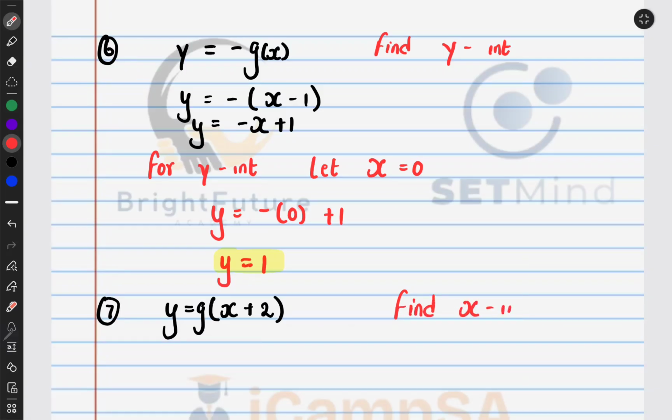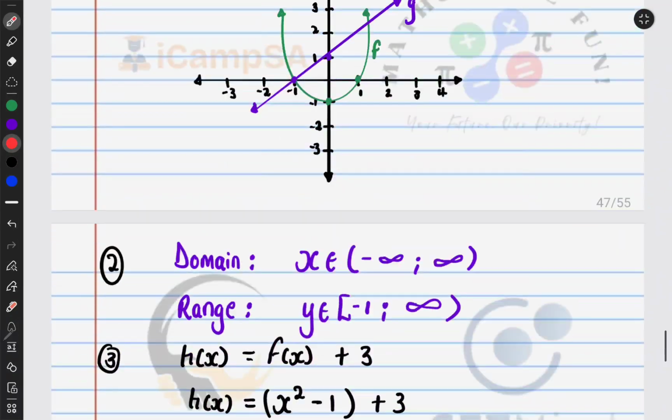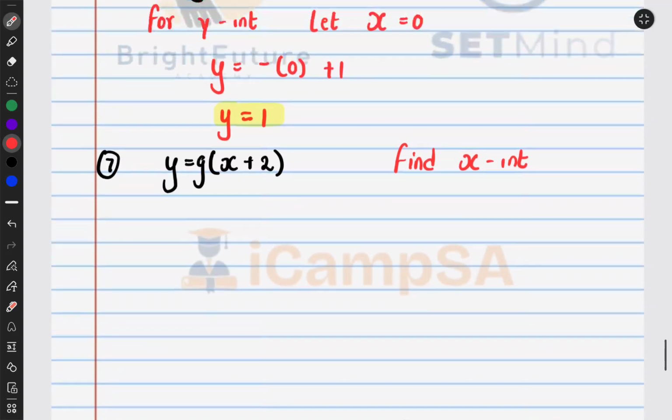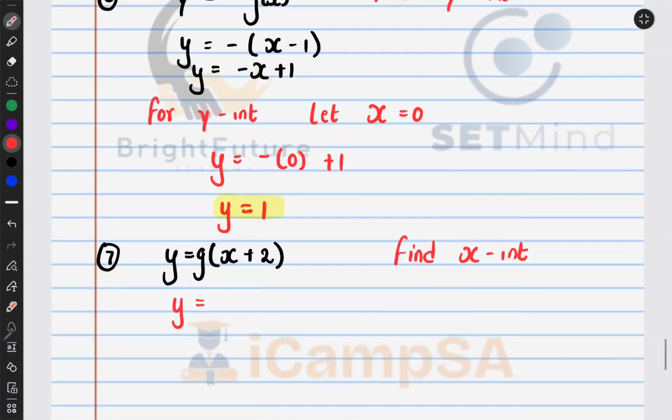Let me double check that. Yes, the x-intercept of this graph.